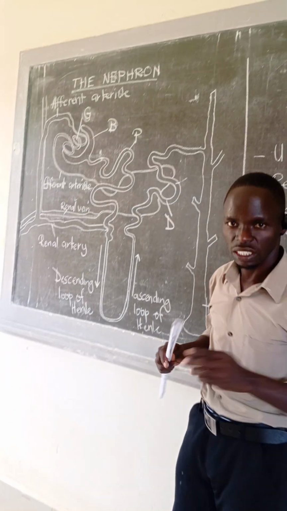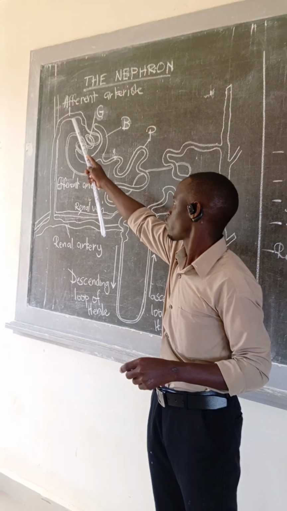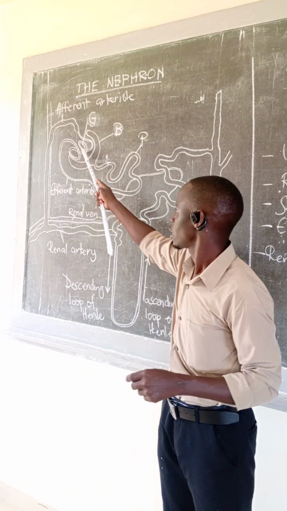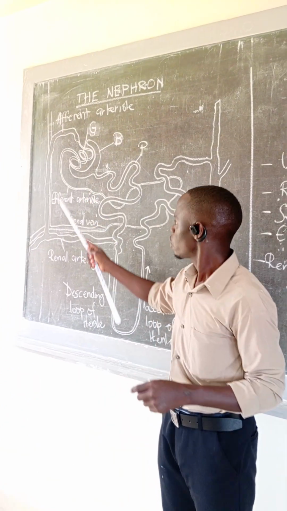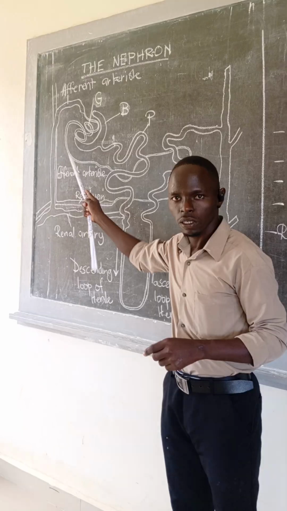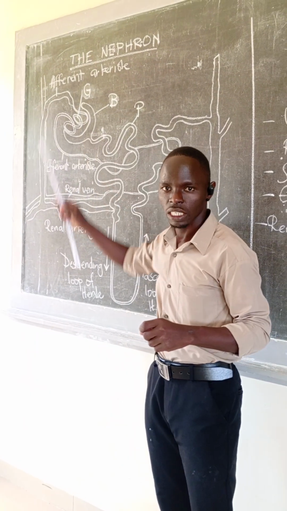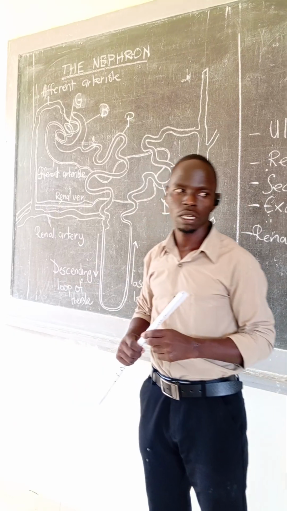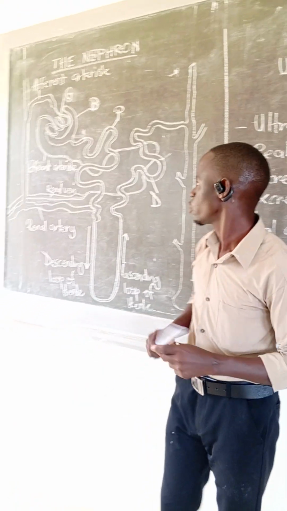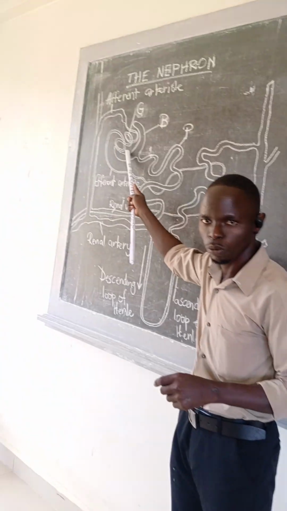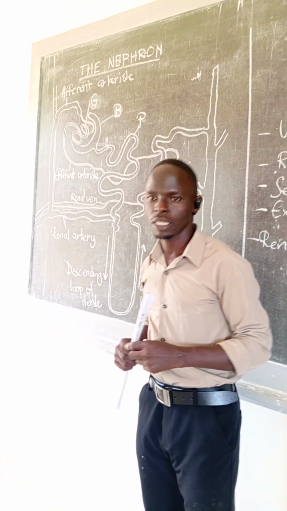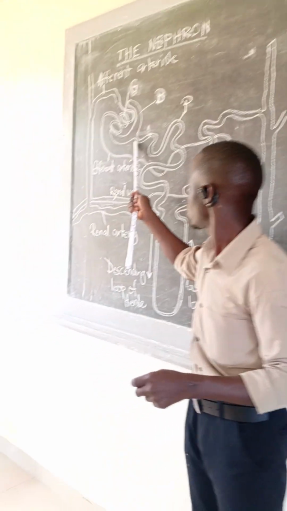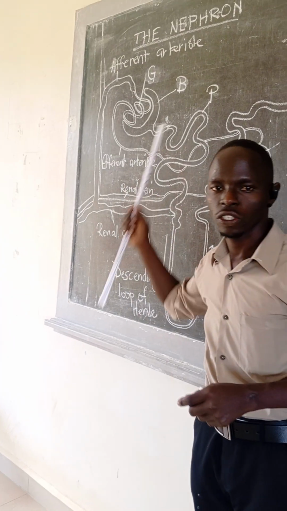Now, what happens is this. Blood flows from the afferent artery and enters into the capillaries. Because the efferent artery is narrow and the afferent artery is wide, the pressure of blood builds up in the glomerulus, and this pressure forces substances to move out through the Bowman's capsule membrane and enter the nephron tube.